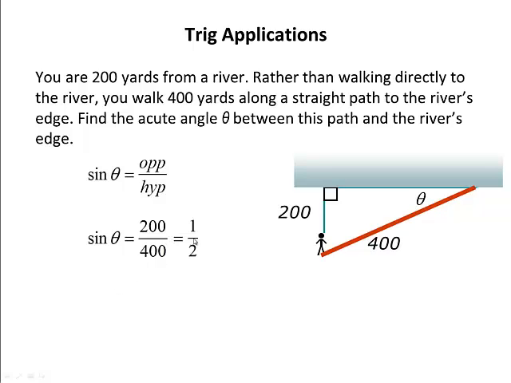But if you didn't, let's say this came out to a fraction that is unknown, you could actually use your calculator. You use your calculator by taking the arc sine of both sides. The arc sine on your calculator looks like this.